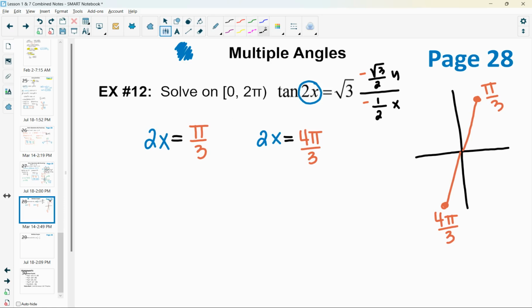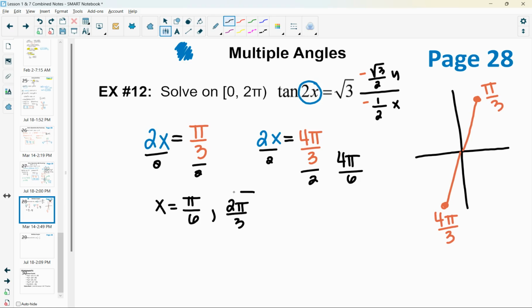So now you just end up dividing by 2 on both sides. So then x equals pi over 6, or divide by 2 here, and x equals 4 pi over 6. And 4 over 6 simplifies to 2/3. So this will simplify to 2 pi over 3.